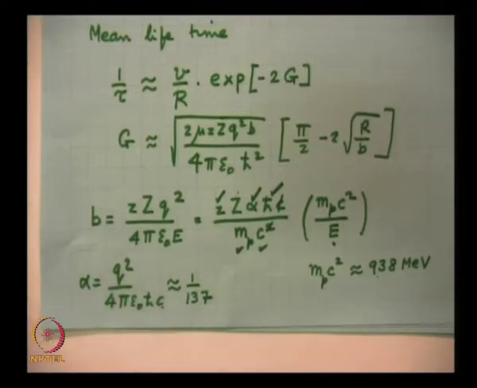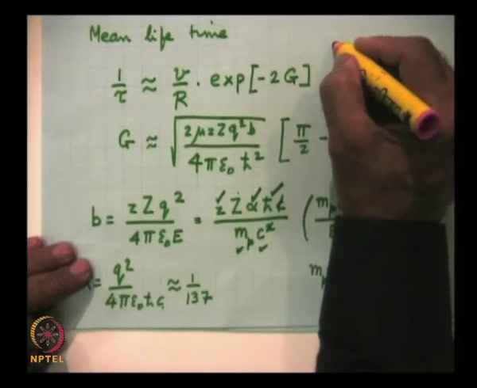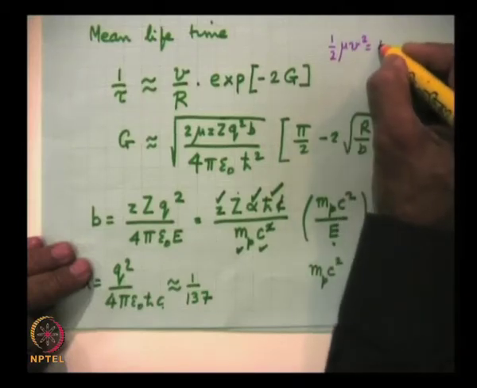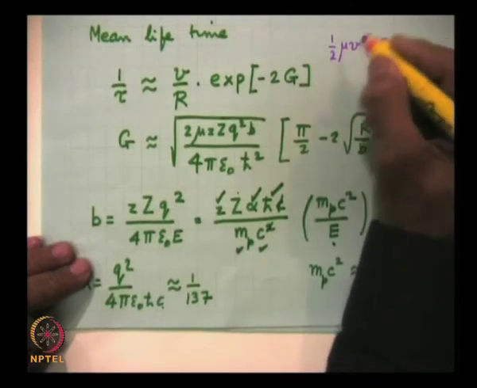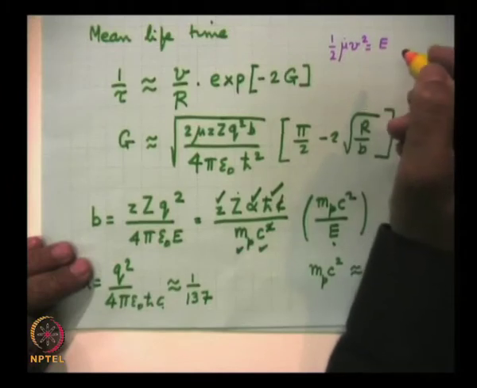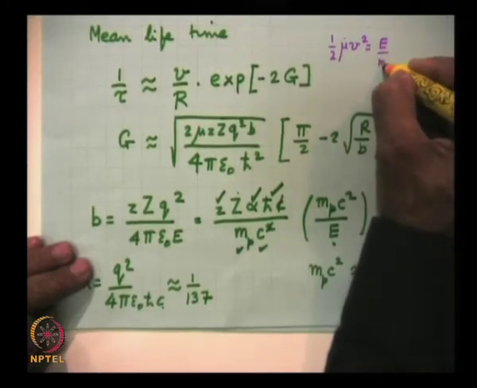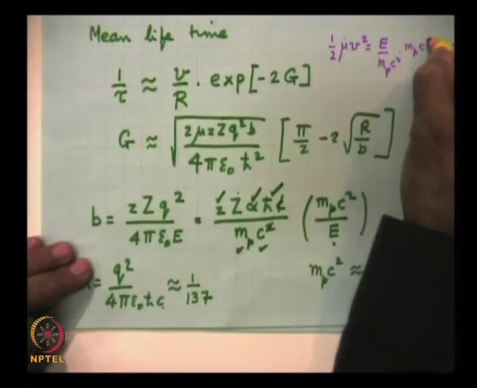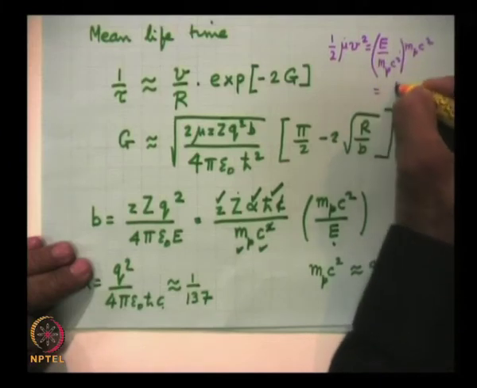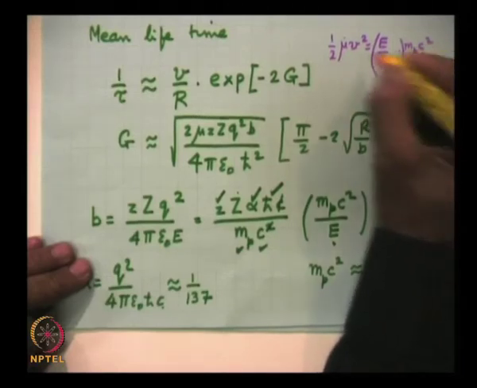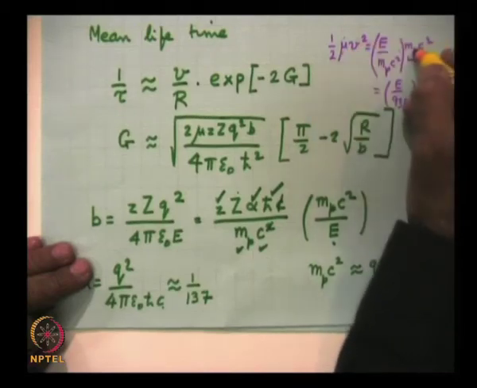and also remember that the velocity of the alpha particle is related to the energy by half mu v square is equal to E, and then you transform this also, where mu is the mass of the alpha particle, and what you do is you divide this by mp c square and multiply this by mp c square, and so you get, so this part is E divided by 938 MeV, and then MPC square, MP you use the mass in kilograms, C is so much, and then you obtain, and the mass of the alpha particle is 4 times mp.